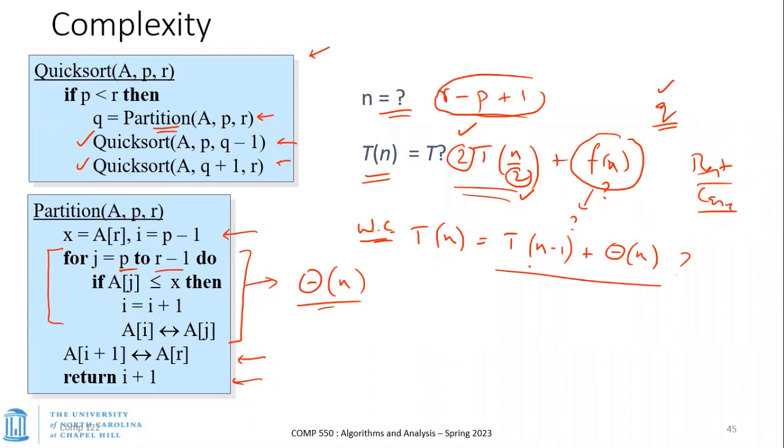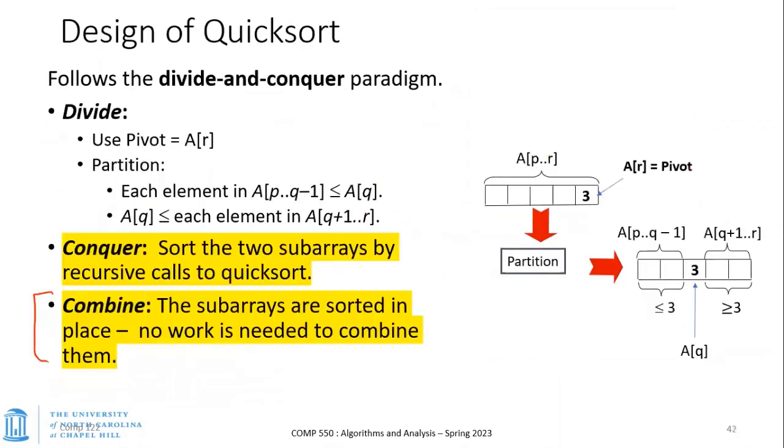So that's basically saying we're only going to do one recursive call, because one of the sub-arrays is actually empty. If you go back over here, we're saying that this number 3 is already right at the end. So the right part, there's not going to be any numbers which are bigger than that.